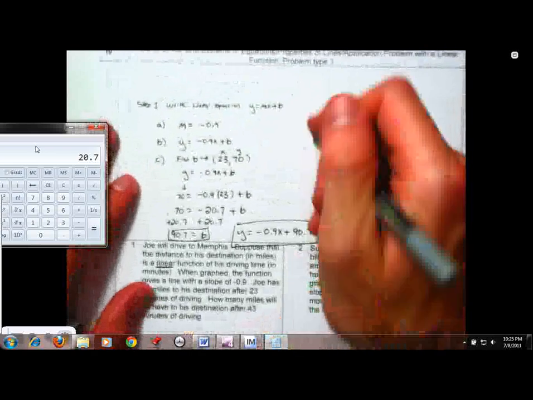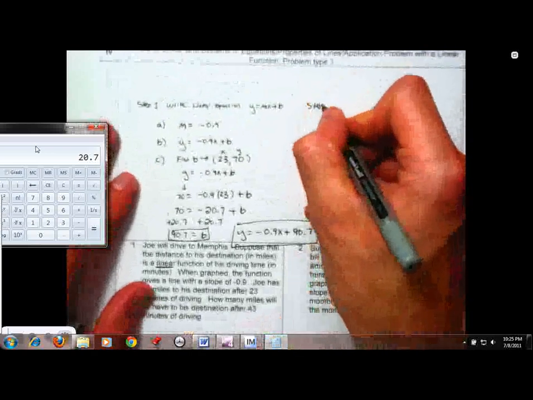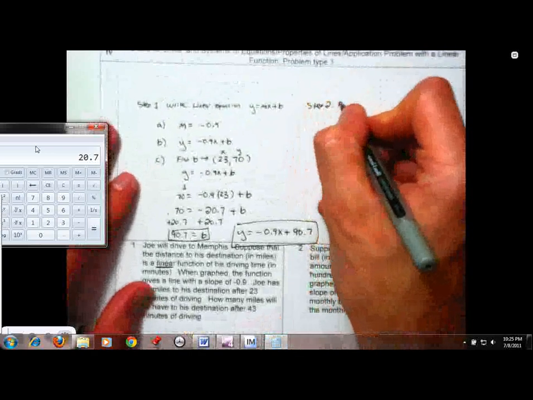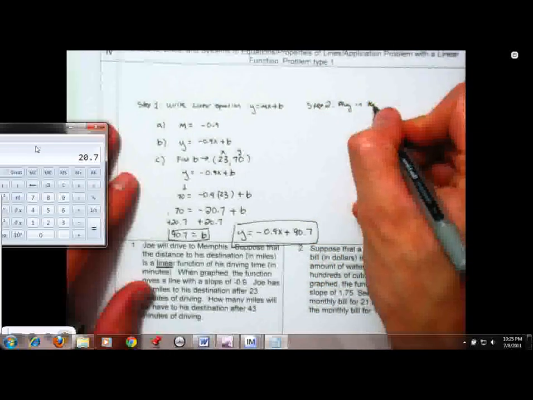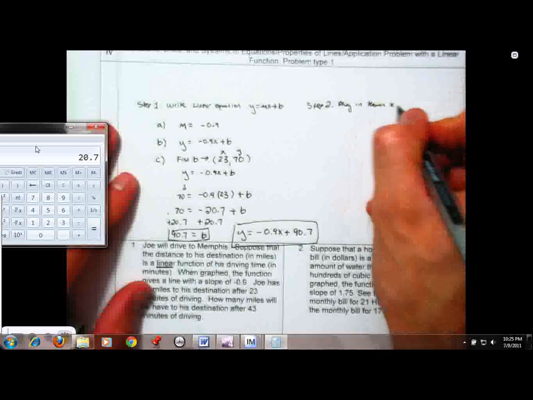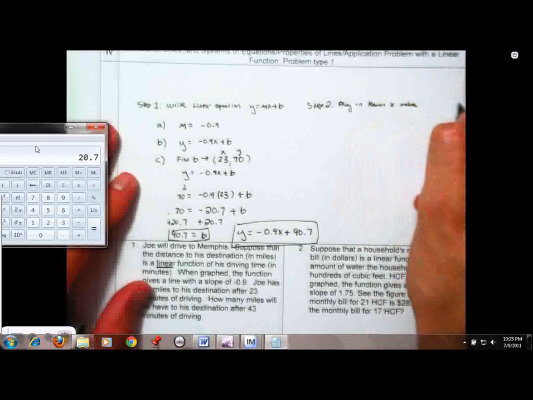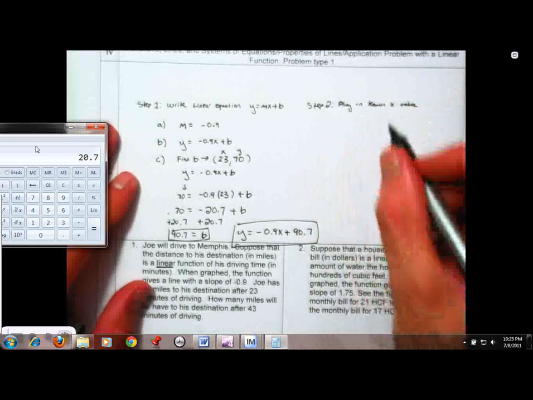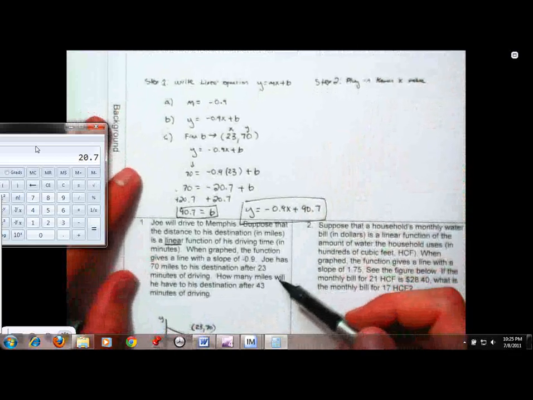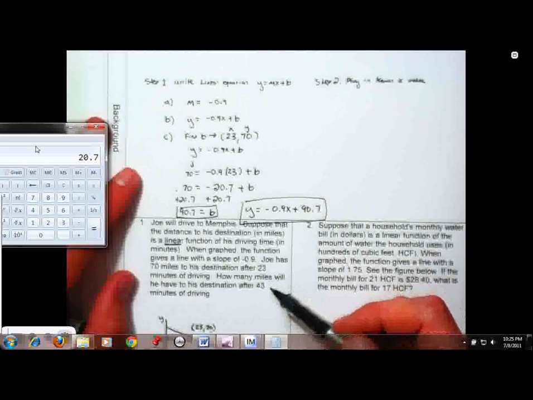So step 2 in the process is to plug in the known x value. What I mean by known x value is the known x value that matches up with the y value you're seeking.